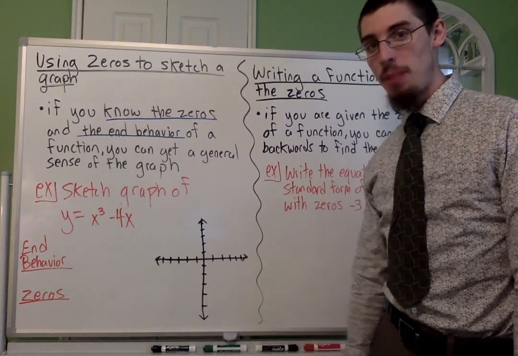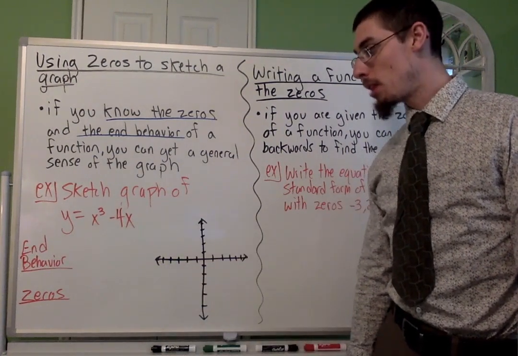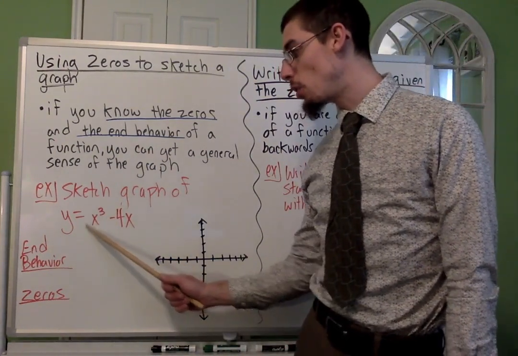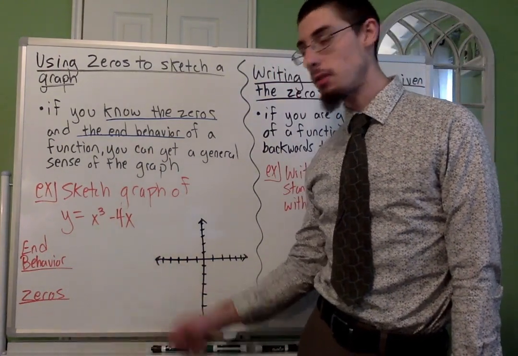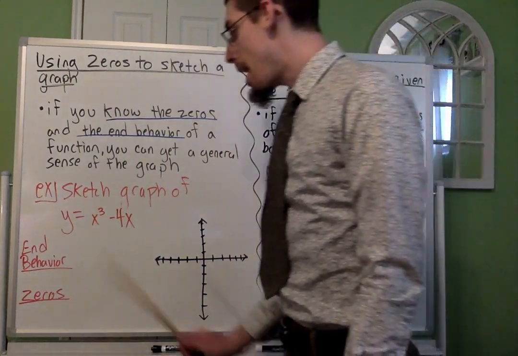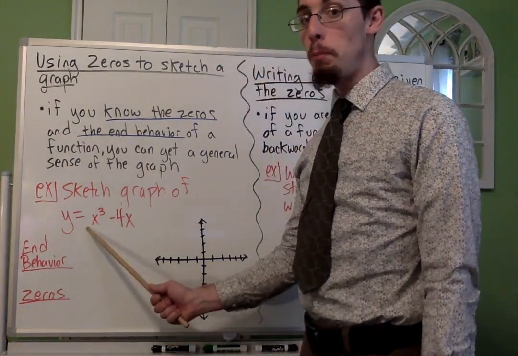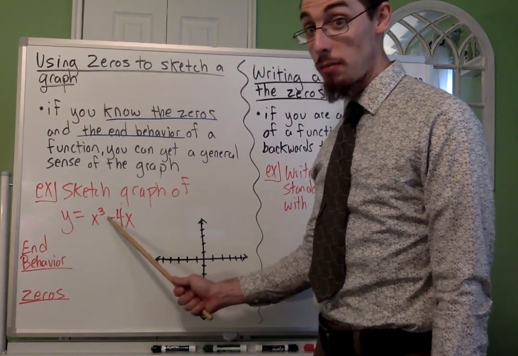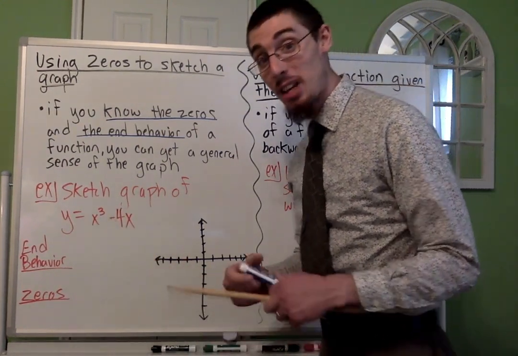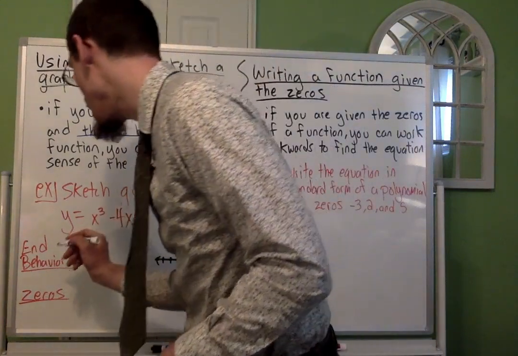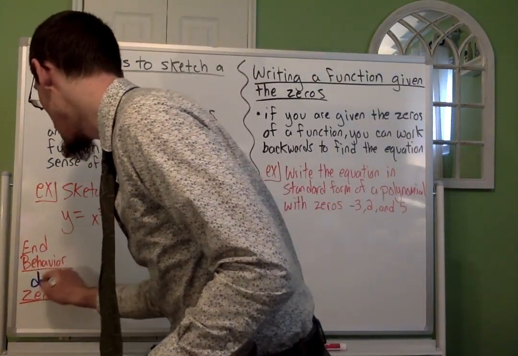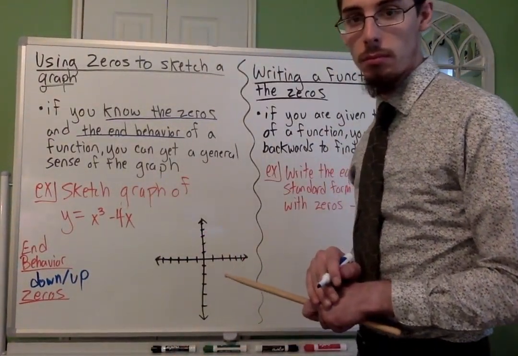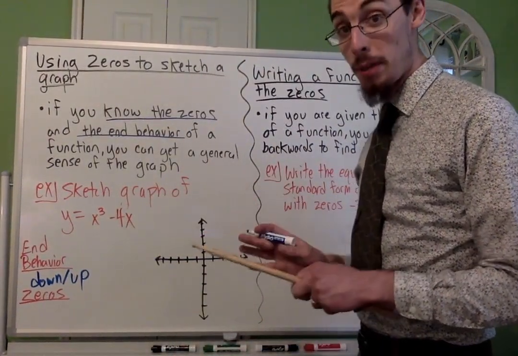How about we get the end behavior out of the way? So remember, end behavior is going to be based on the leading coefficient. And the leading coefficient is positive, and the degree is odd. So that means my end behavior is going to be down, up. Remember what that means.